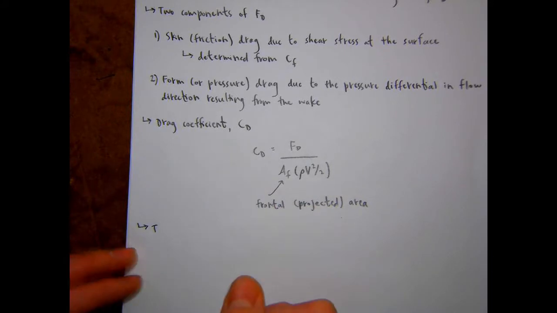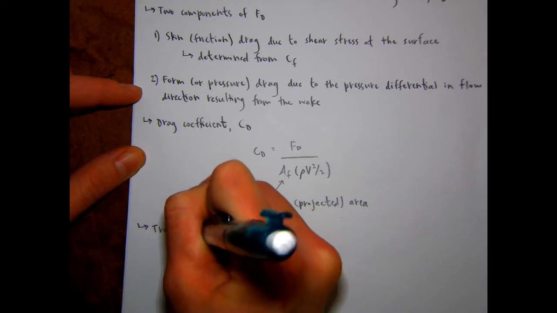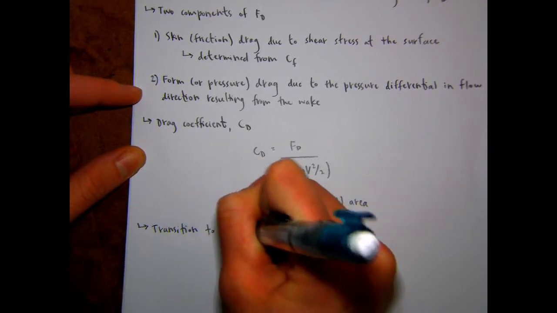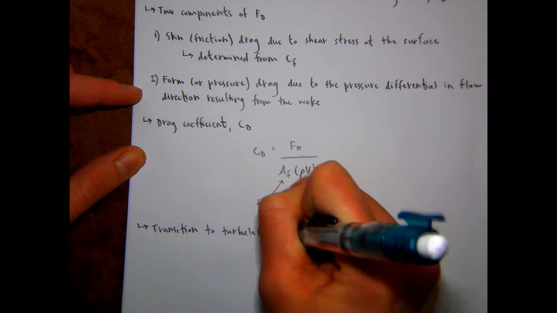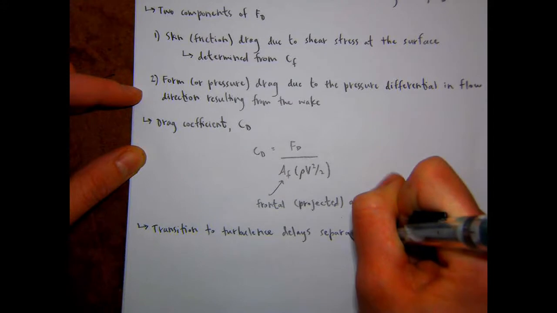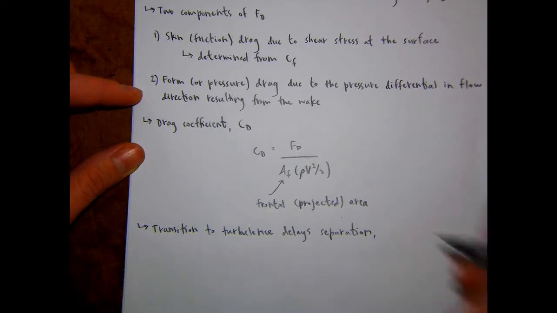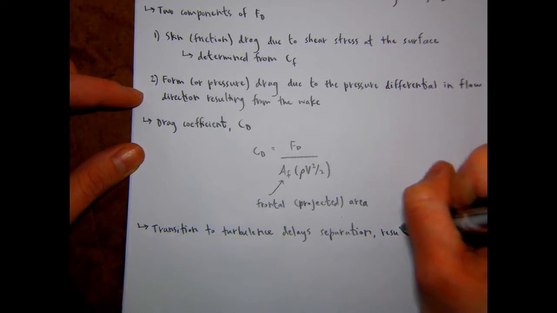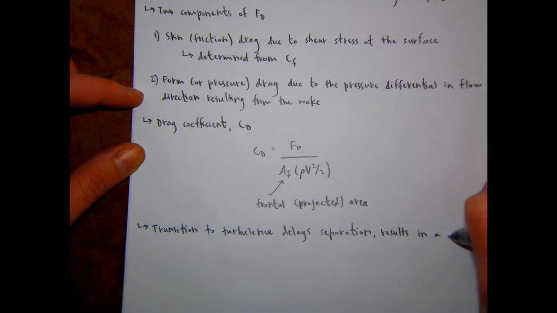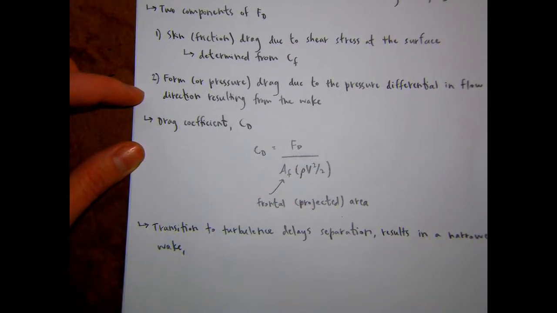But for the pressure drag, a transition to turbulence delays separation, and we said this results in a narrower wake, and therefore significantly decreases the pressure drag.